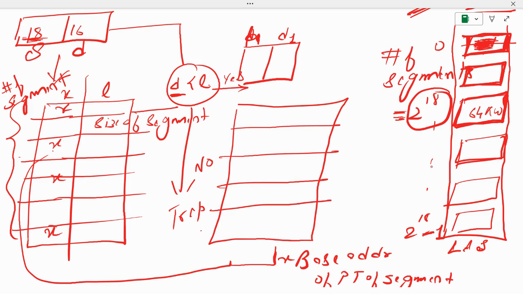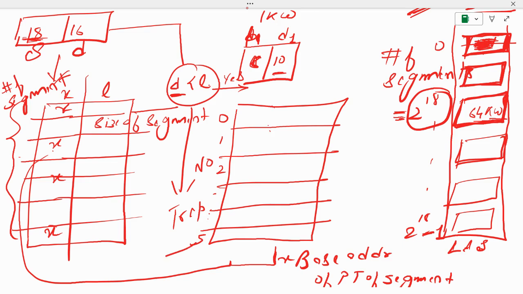So each segment has been divided; this 64 kiloword has been divided into a certain number of pages, and each page has size 1 kiloword. So the page offset is 10 bits, and 6 bits are used to represent each page, 0, 1, 2, and so on. So altogether there will be 2 raised to the power 6 pages, each with size 1 kiloword. So this is the page table.